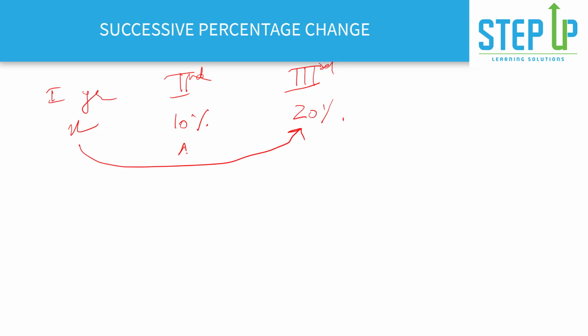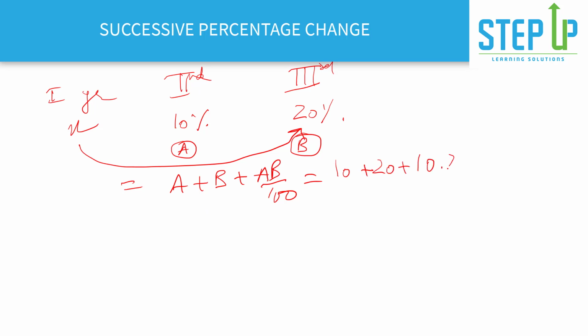Let's say this change is A, this percentage change is B. The formula for the resultant change is A plus B plus AB upon 100. So this becomes 10 plus 20 plus 10 into 20 upon 100. These two zeros gone. So 30 plus 2, it becomes your 32%. That's the change. So this is the concept of successive percentage change.